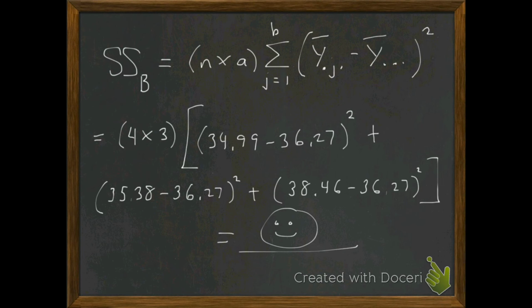All right. Now, next thing I want to look at is the sum of squares for our interaction. Wish I'd written this stuff down. Let me just go ahead, and we know that n is 4.